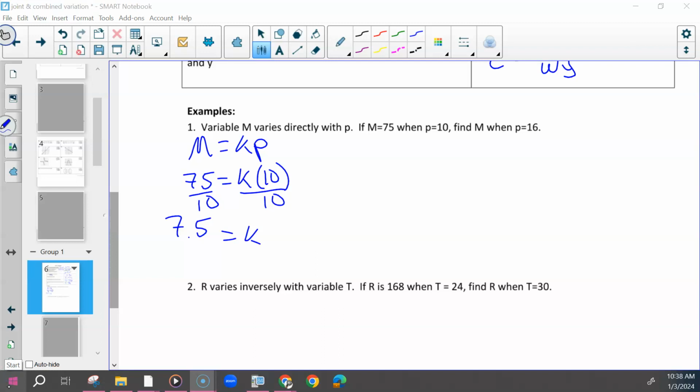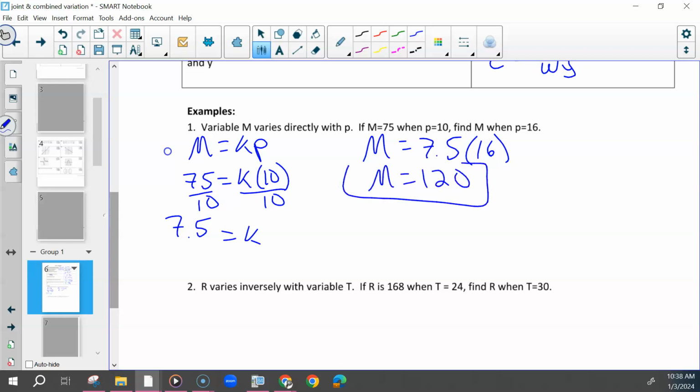Find m when p equals 16. So we're going to go back and use our original equation, put in what we know, our k and our p, and answer, we're done. Questions so far?